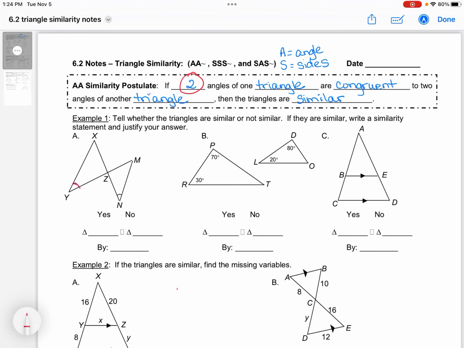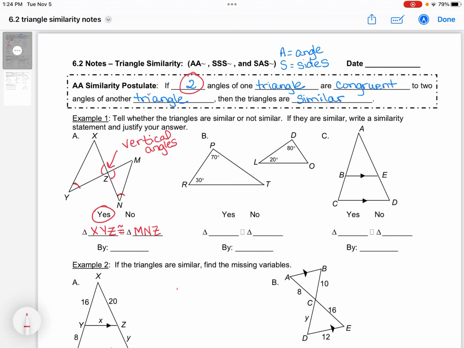They tell us these guys are the same, and these guys are the same, because those are what kind of angles? Vertical angles. Vertical angles are always congruent or equal to each other. So yes, and then we have to remember to put these in the right order. So triangle XYZ is congruent to triangle MNZ.